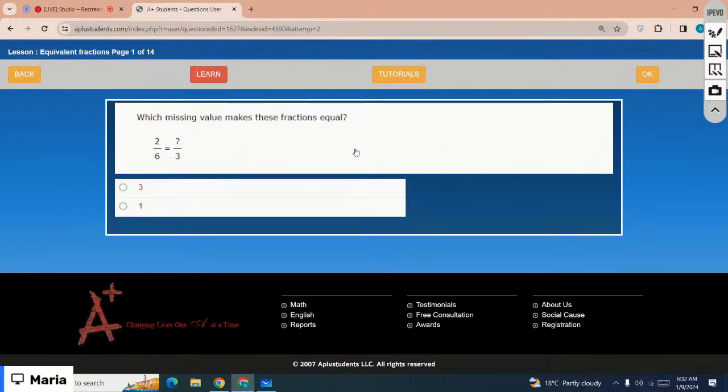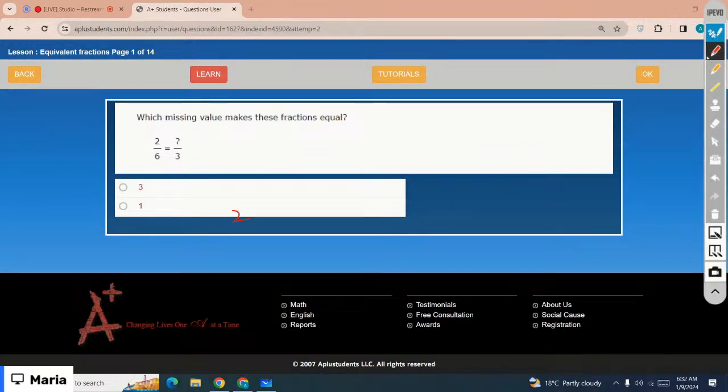Okay, which missing value makes the fraction equal? See, here you have 6 and here you have 3, right? 6 divided by 2 is 3. That means you divided this fraction by 2, so that is 1 over 3.